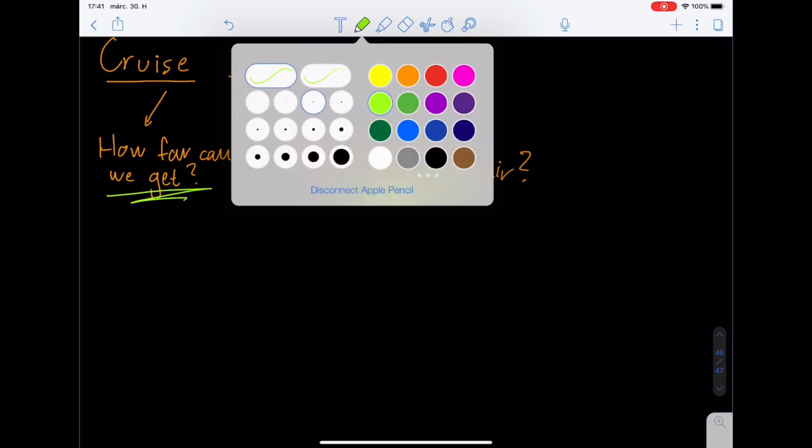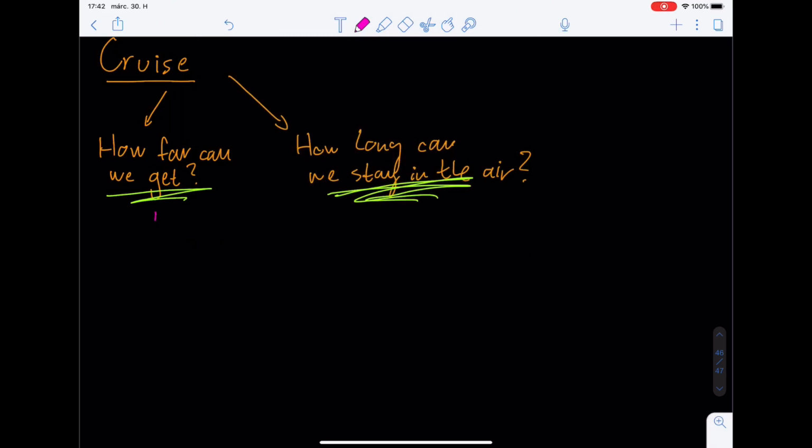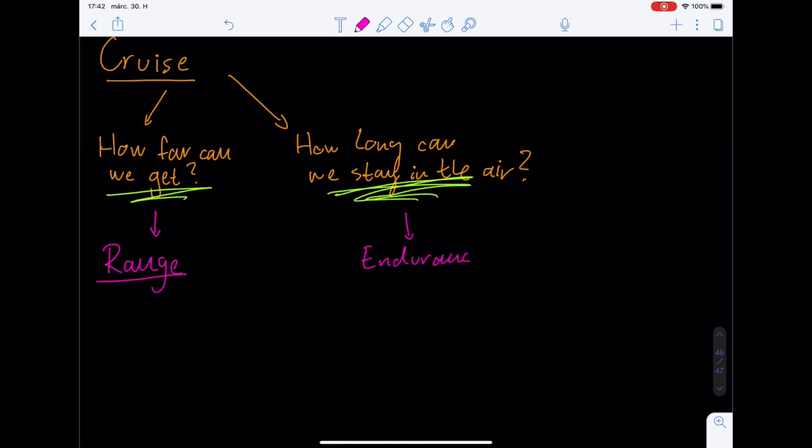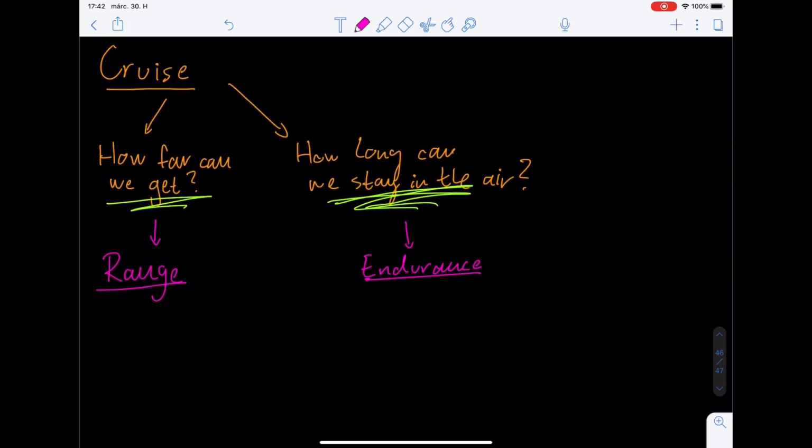And the answers will be given by the so-called range. The range will answer how far we can get from a given amount of fuel, and the endurance is going to tell us how long we can stay in the air from a given amount of fuel, right?